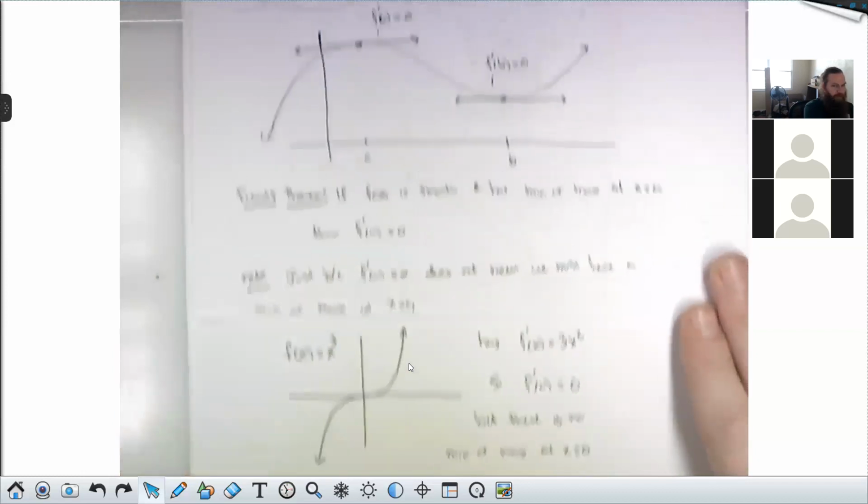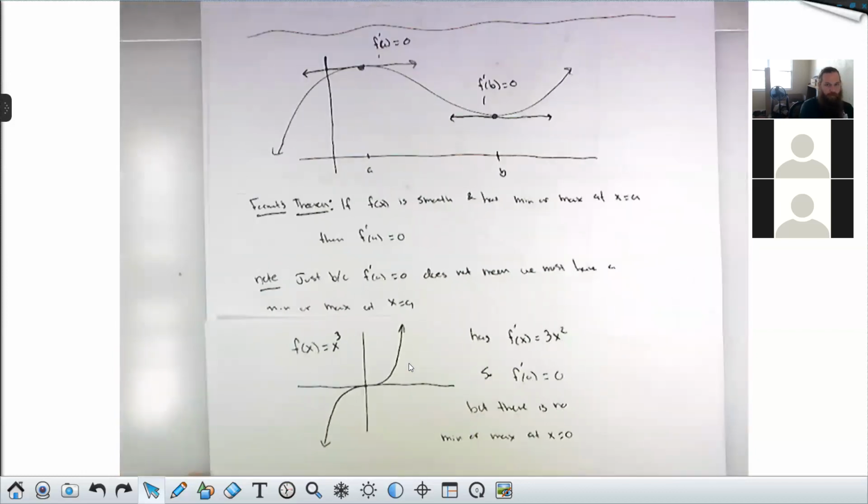So sort of the idea of Fermat is if you have a local max, then you must go from increasing to decreasing. Or if you have a local min, you have to go from decreasing to increasing. If you go from increasing to decreasing, you must have a horizontal tangent line. And if you go from decreasing to increasing, you must have a horizontal tangent line. But there are other ways to have horizontal tangent lines where you don't go from increasing to decreasing, like this.